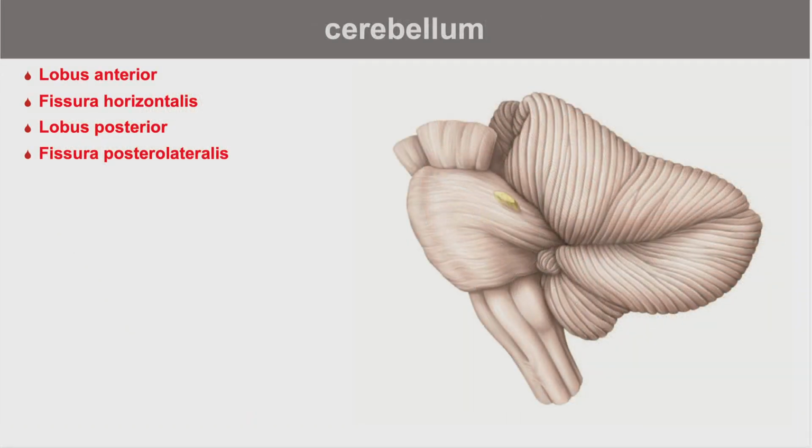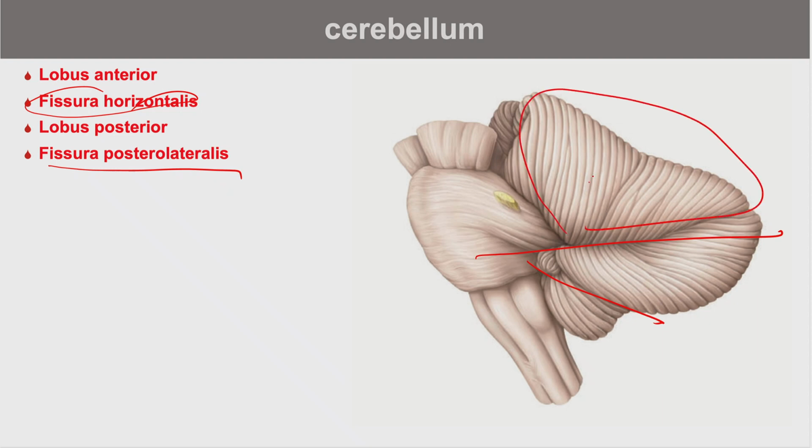From morphology, we have a line which is called fissura horizontalis and fissura posterolateralis, the posterolateral and horizontal fissure, which is dividing the anterior and posterior lobe.